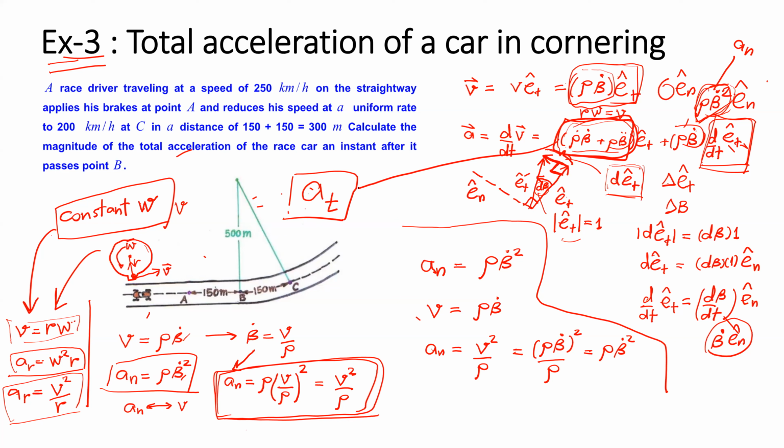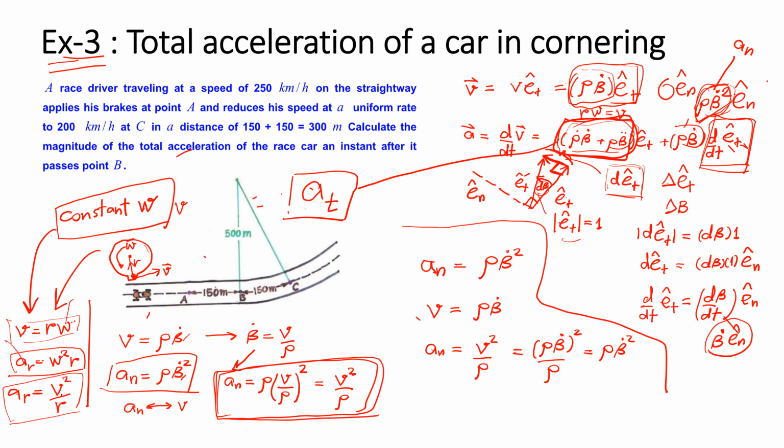So in your previous study from the previous course, the physics course, you talk about the relationship between the angular velocity and the radial acceleration in the terms of the omega and the v.